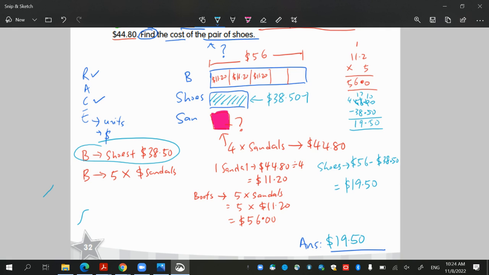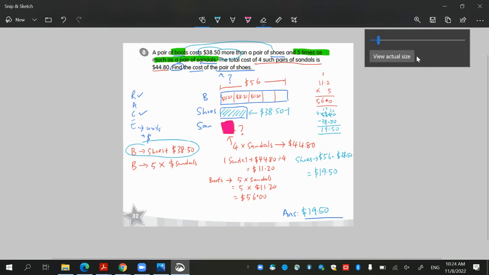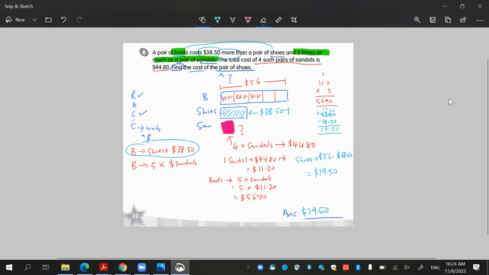Does this look okay to you? Am I correct? Let me check. First, I've got my units. Let me work backwards now. $19.50. If I add up the $38.50, will I get it correct?